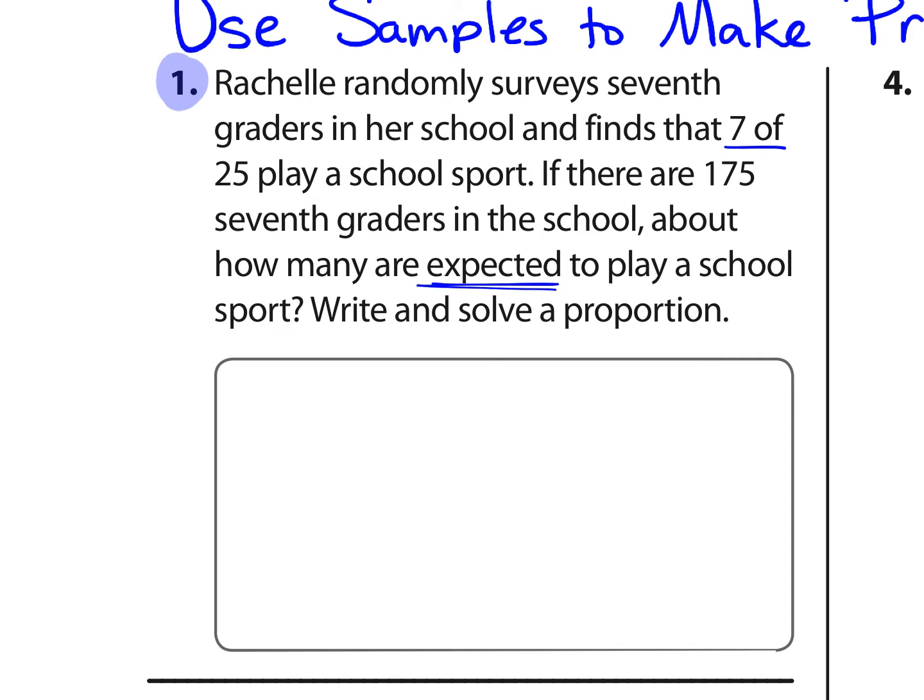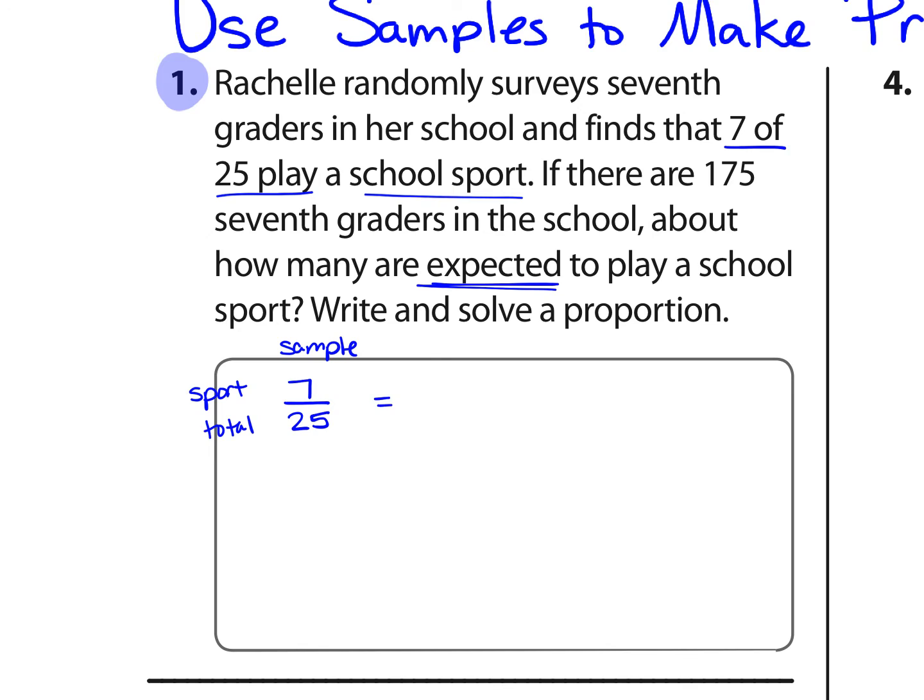So 7 out of 25 play a sport. That's a fraction, 7 out of 25. So there's 7 who play a sport, and 25 is just the whole group. That would be the total. So this is a sample.